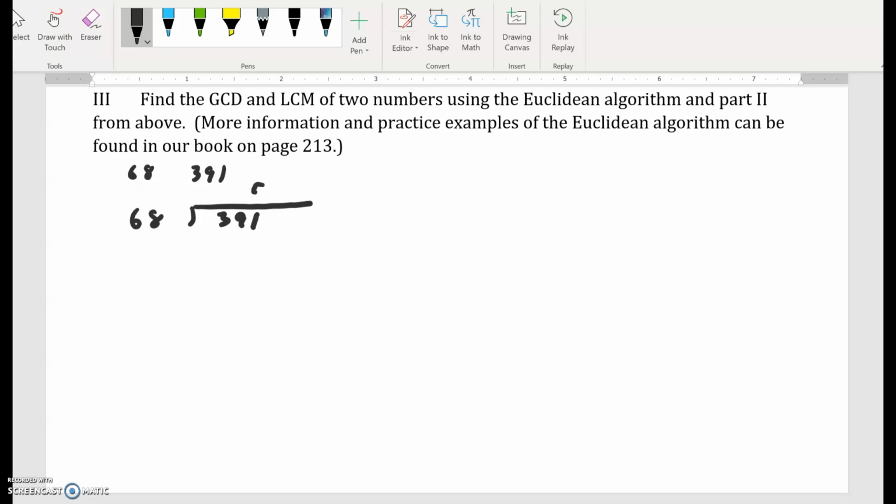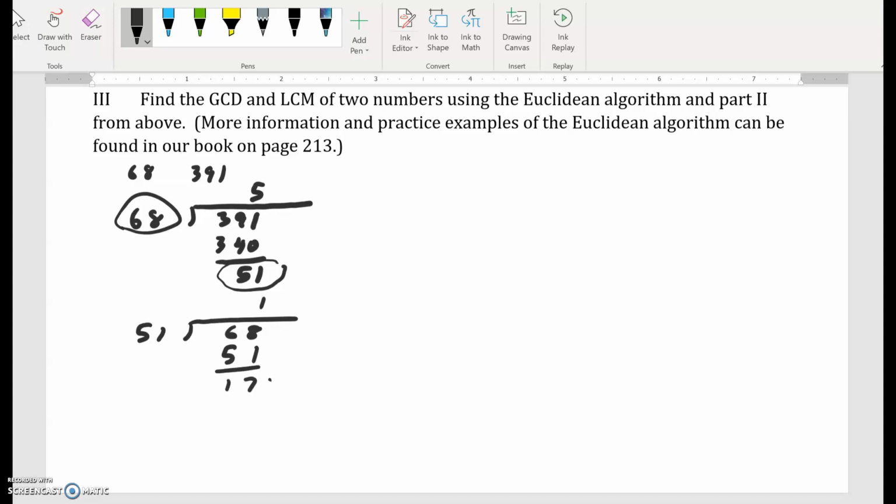I think it might go in about 5 times. And get a remainder, and then do another division. Divide the remainder into your original divisor. Notice the remainder will always be smaller than the original divisor if you've done your division correctly. So this goes in once.